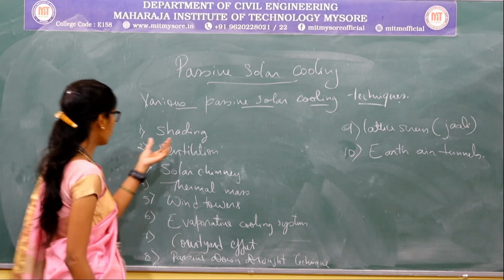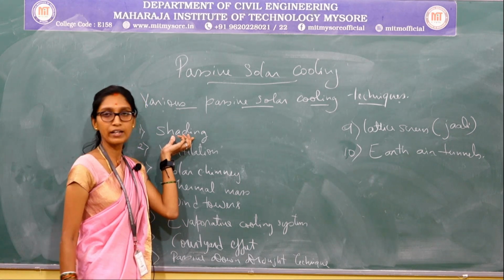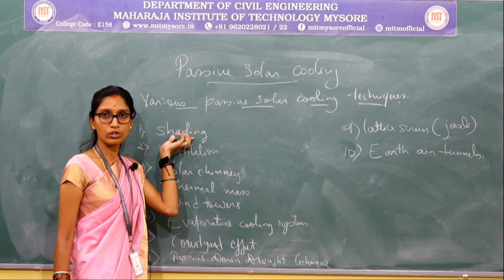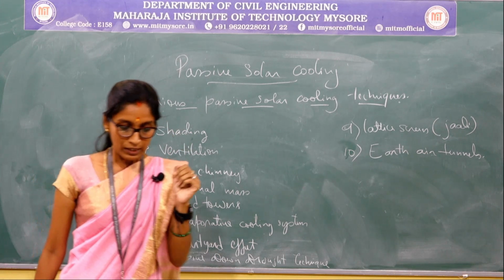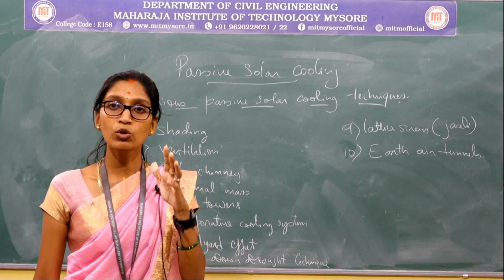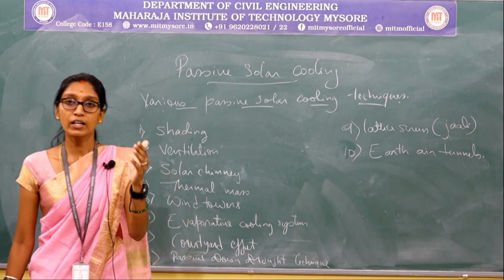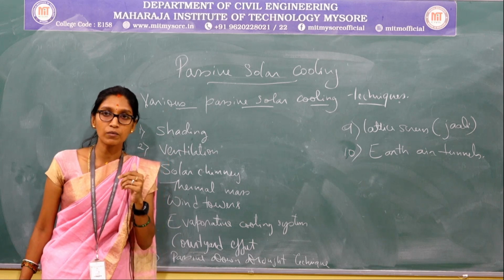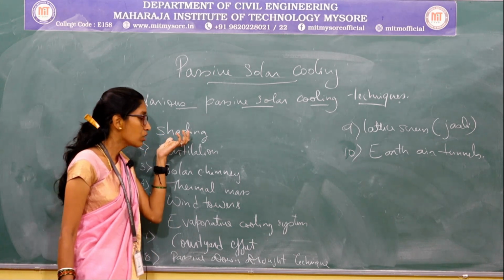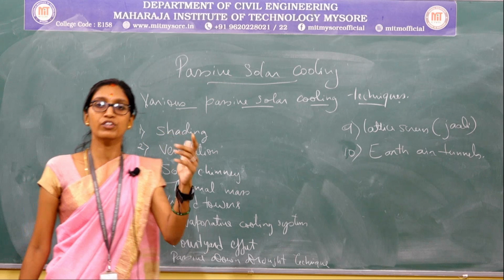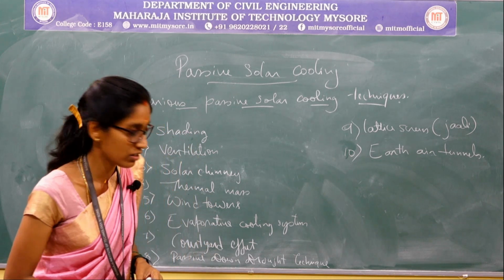So as I told you, the first one is the shading system that we are going to utilize. These shading systems are going to minimize the heat entry to a greater extent, by 90 to 95%. And these shadings can be artificial ones or natural ones.